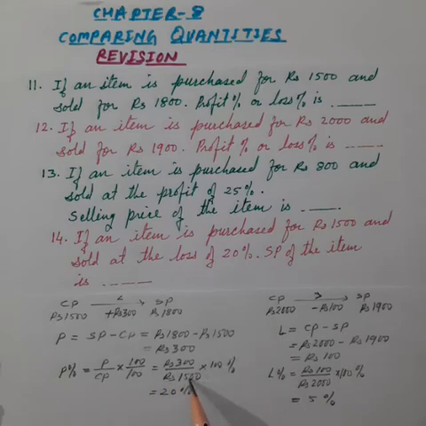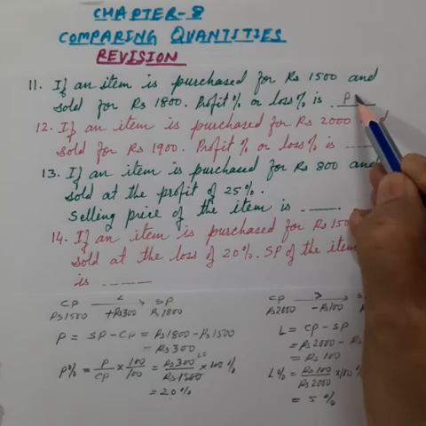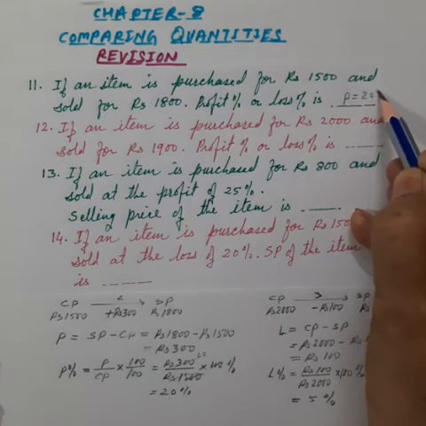This 100 and this 100, two zeros will cancel. Divide both numerator and denominator by 100. Now 15 ones are 15 and 15 20s are 300. So we get 20%. So the profit percent is 20%.